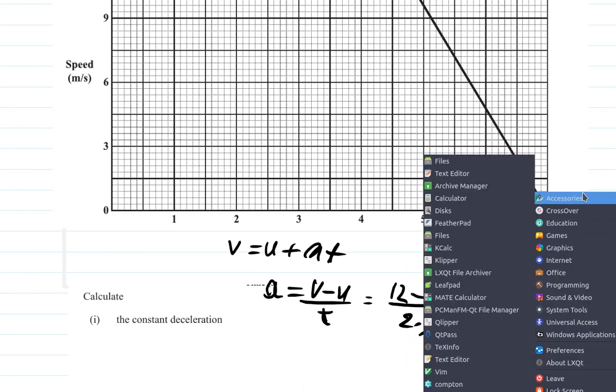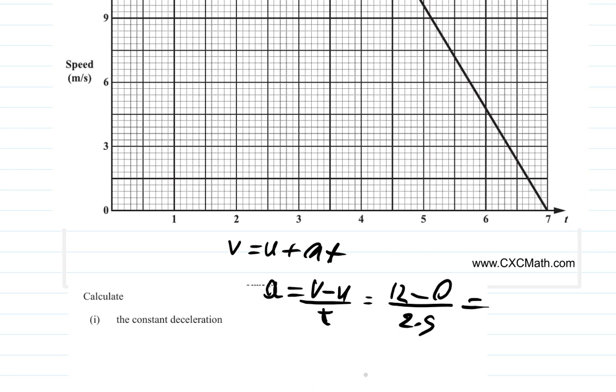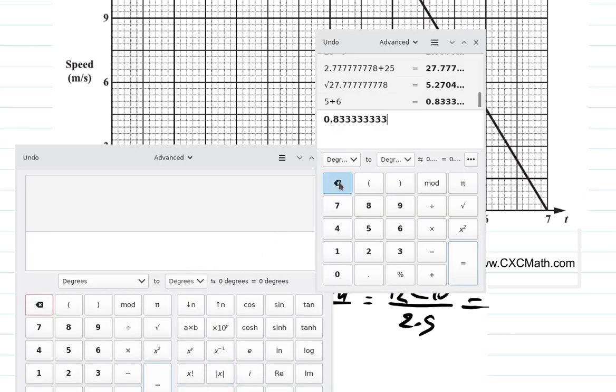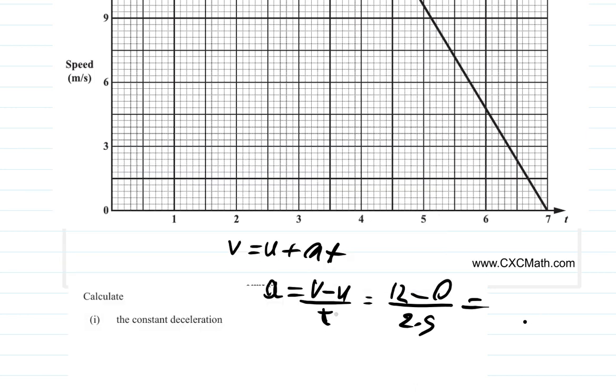In that case, what you have is 12 divided by 2.5 equals 4.8 meters per second squared for the constant deceleration.